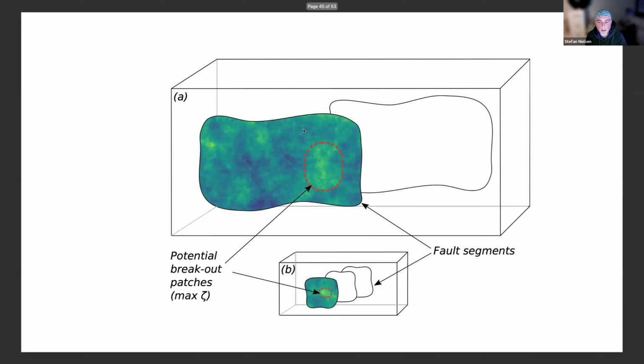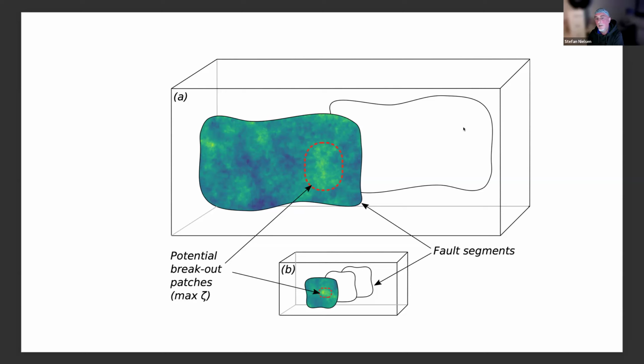Let me now try to make a quantitative statement out of it. We've seen that we can define a patch with a length and a chi value inside, and call zeta the combination, the product of both. If zeta is larger than 1, this will propagate. Now I make another assumption, that big earthquakes happen on systems where the faults are relatively mature, because they're plate boundaries and they have been sliding for hundreds of kilometers.